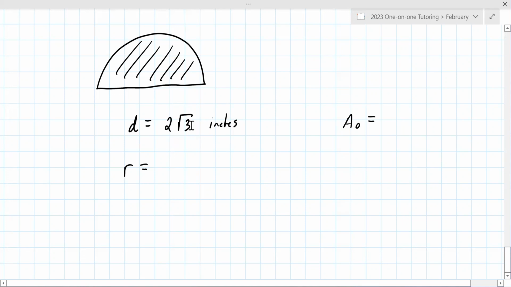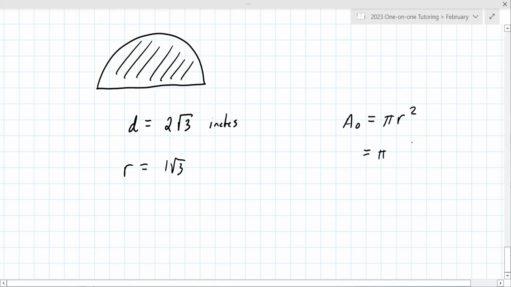Shoot, I think I forgot to do that part. Okay, well, let's start over. What is half of the diameter? 1 root 3. And then what's the area of a circle formula? It is pi times radius squared.